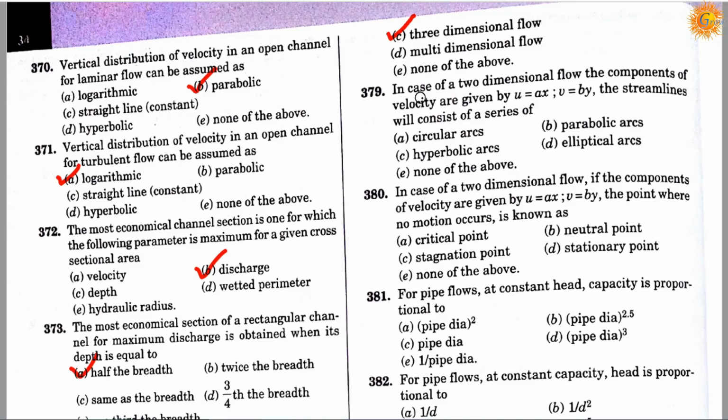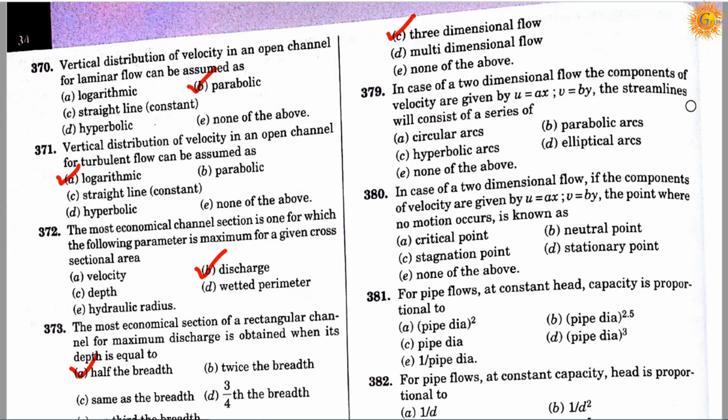Question number 379. In case of a two-dimensional flow, the components of velocity are given by u equal to ax, v equal to by.